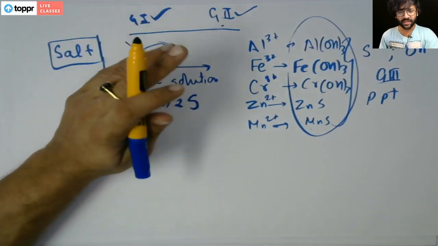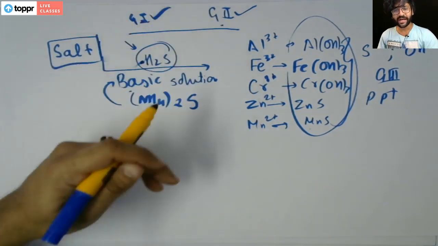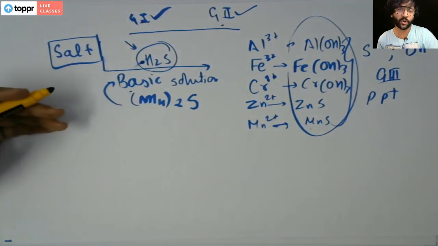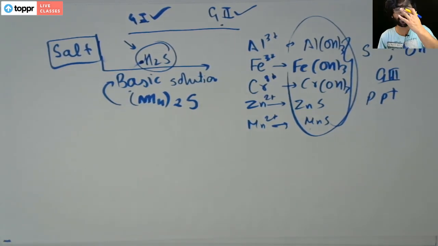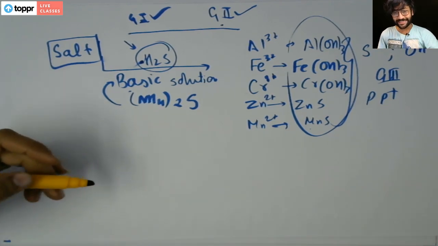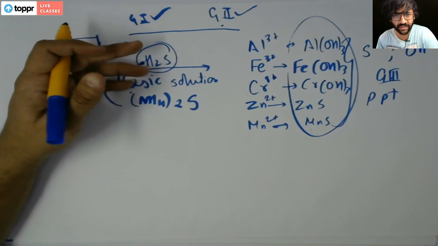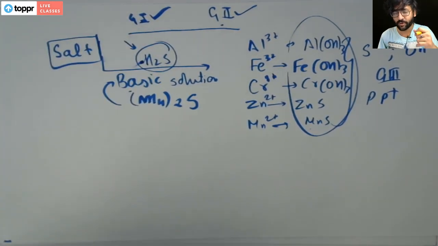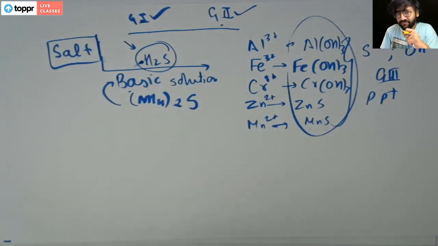In your exams, when you're asked such questions with 4 options, you will not be given 2 options of the same group. You'll have options from different groups, so that you can easily do the analysis, because you're not doing it in the laboratory, you're just doing it from memory. Hence they don't confuse you by mixing up cations of the same group.